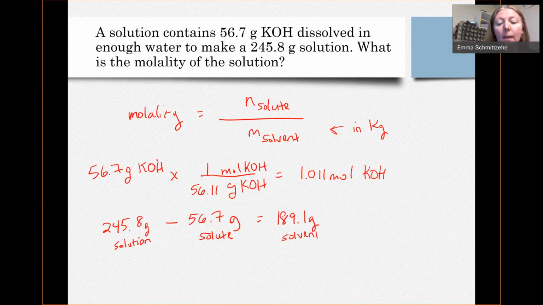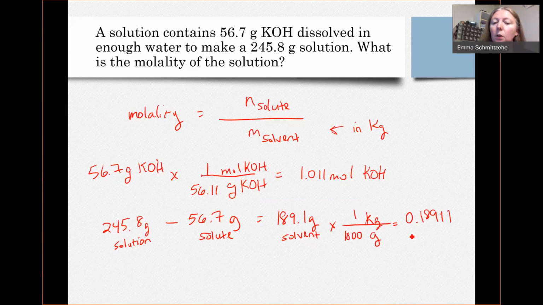Now I'm going to convert those units from grams to kilograms because I need it in kilograms. There are 1,000 grams in a kilogram, so that gives me 0.1891 kilograms. Now I can plug my numbers in because I have the moles of solute and the kilograms of solvent.